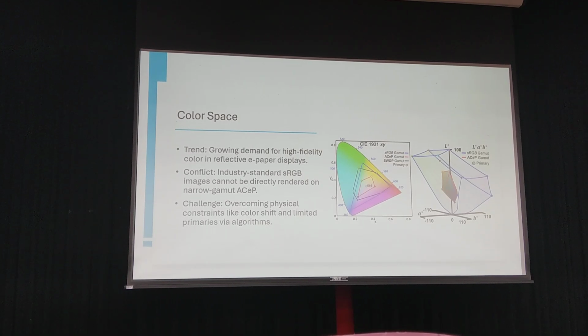It's clear that ACeP's color volume is extremely restricted, and even its black primary suffers from noticeable pollution. Our challenge, therefore, is to develop a precise algorithm to overcome this physical barrier and extract the best possible visual performance from existing hardware.